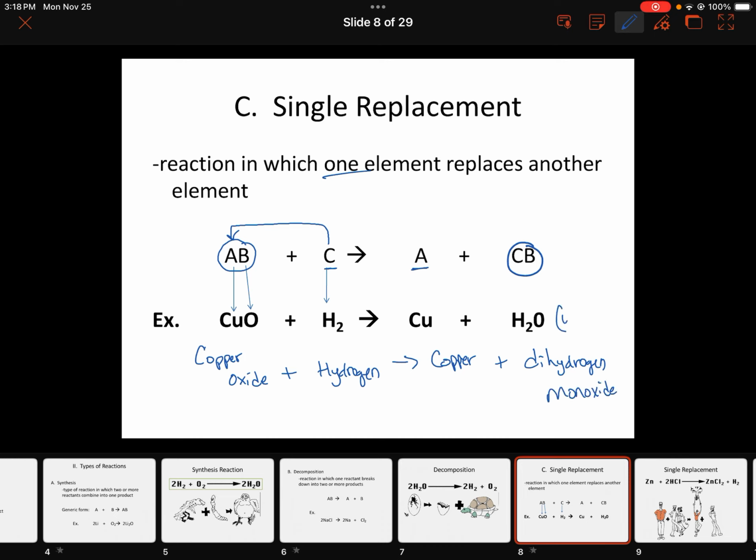Also known, of course, as water. So notice the hydrogen came over, pushed out the copper, replaced the copper. So we call it single replacement. Only one thing got replaced. And so we have copper oxide plus hydrogen yields copper plus dihydrogen monoxide, also known as water. Single replacement.